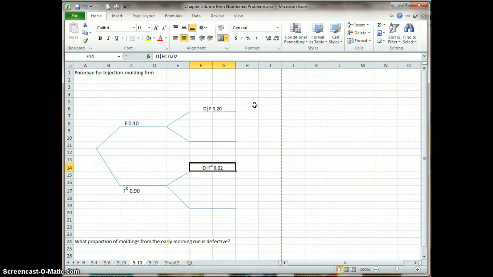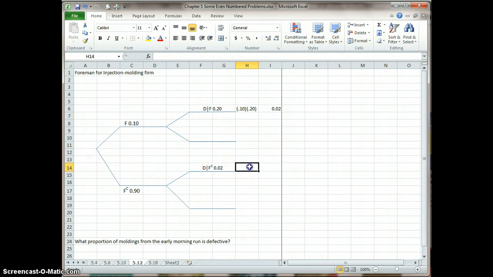And so then we just need to figure out the joint events, which is when he forgets and it's defective, that's going to be equal to 0.10 times 0.20, which is 0.1 times 0.2 equals 0.02.